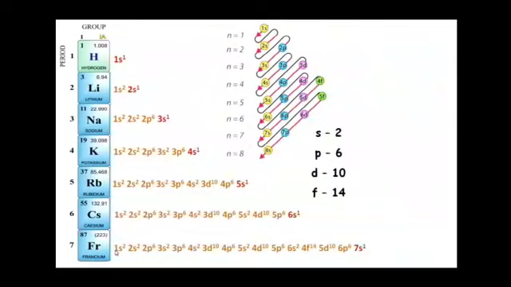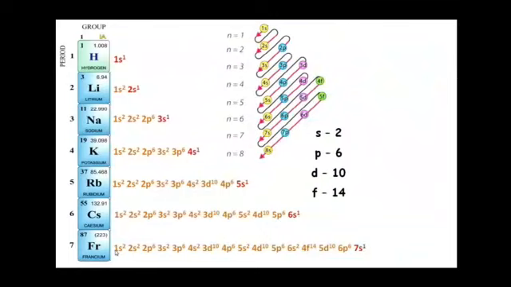It has one shell. For lithium, it is 1s2, 2s1 and it has two shells. For sodium, 1s2, 2s2, 2p6, 3s1 and it has three shells.